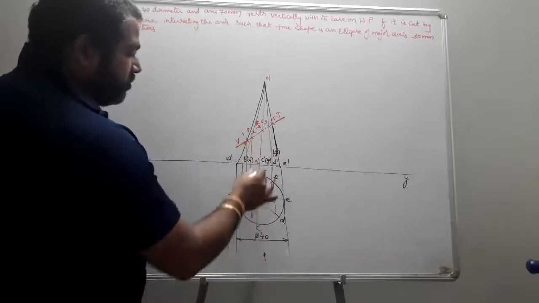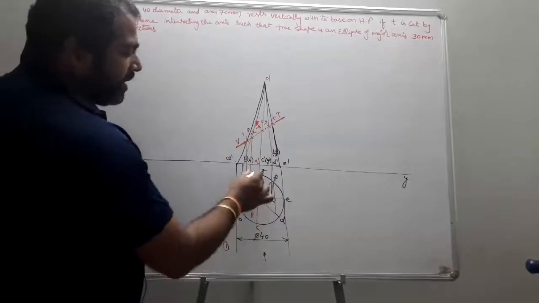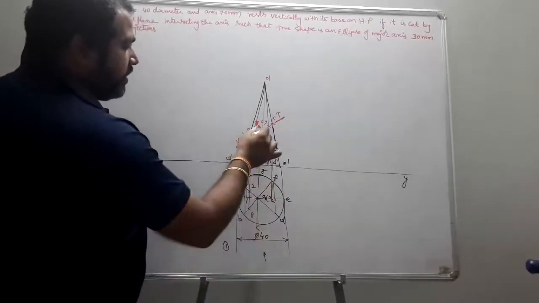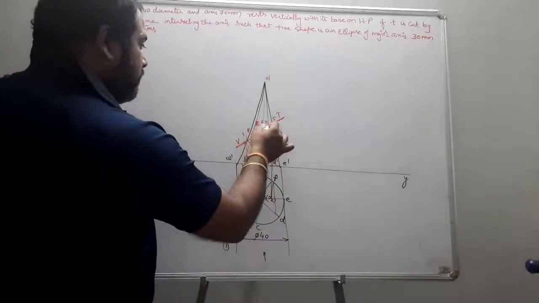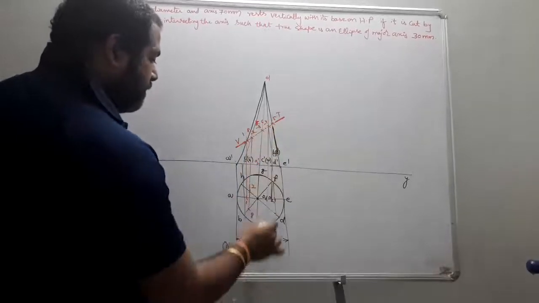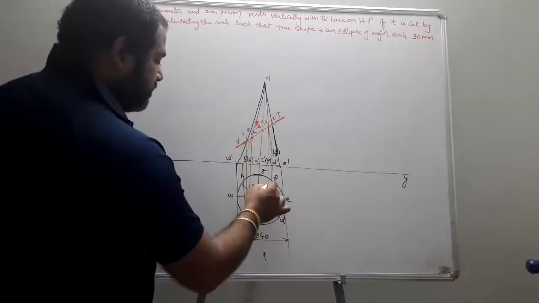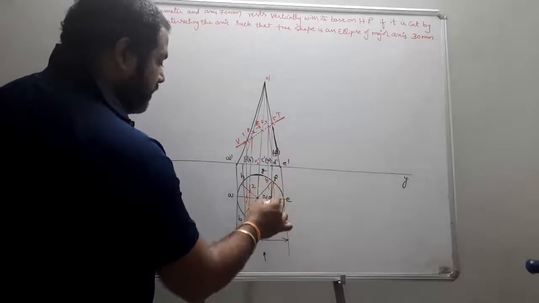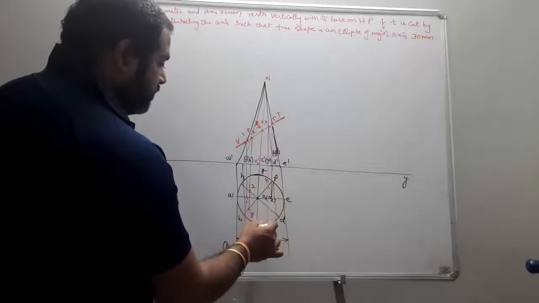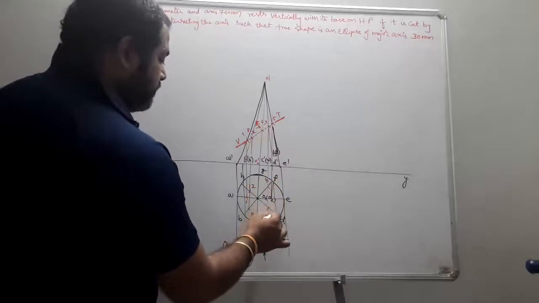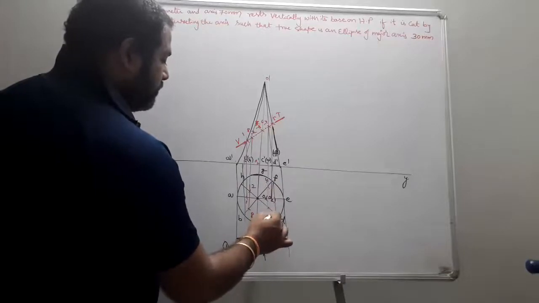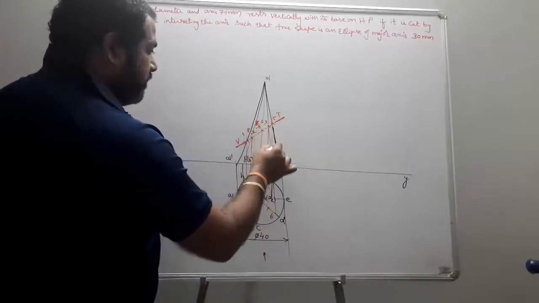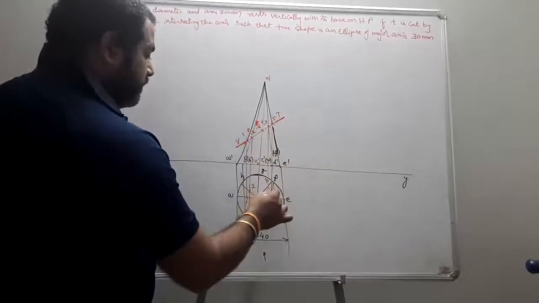3 and 4, which are not supposed to cut the generator, should coincide. Next, let us see 4 comma 6. So this becomes 4 and this becomes 6. Next 5. Point 5 is here itself.